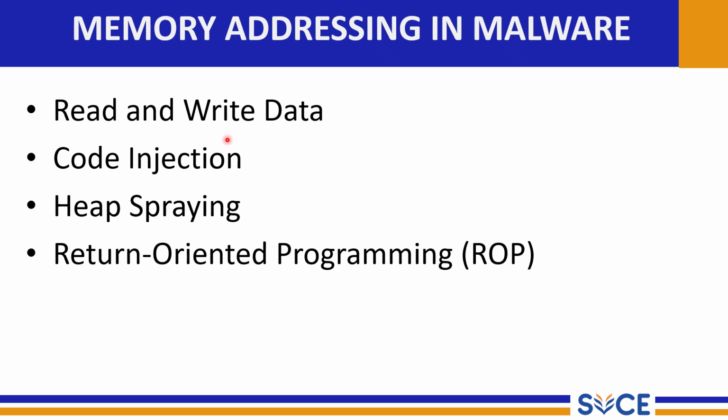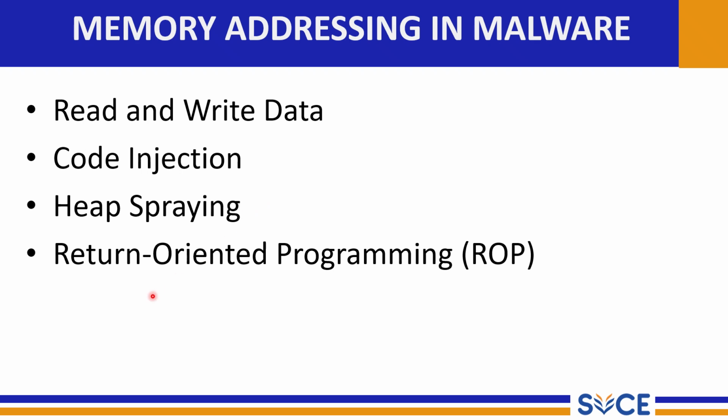The third one is heap spraying. Malware allocates large blocks of memory on the heap and fills them with malicious code or data. This increases the likelihood that a vulnerability will overwrite a return address with an address within the sprayed memory.